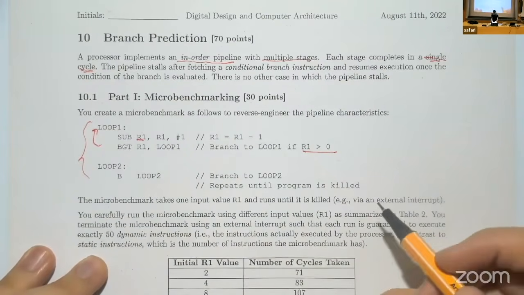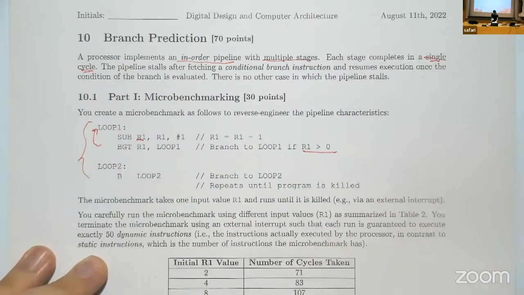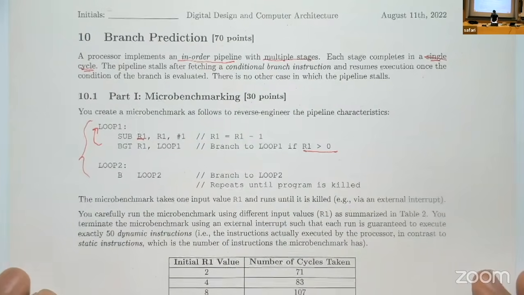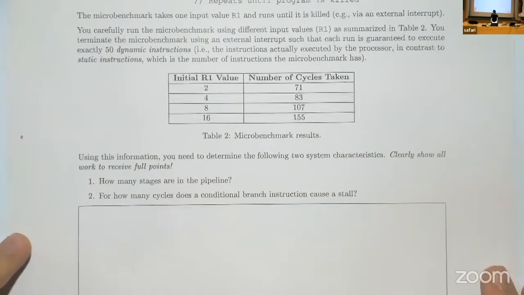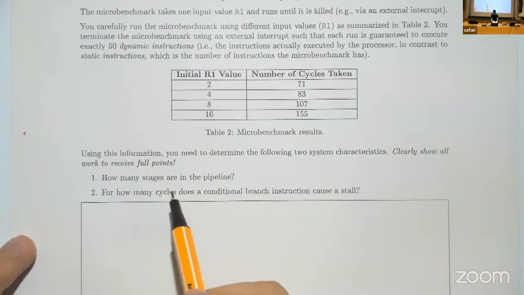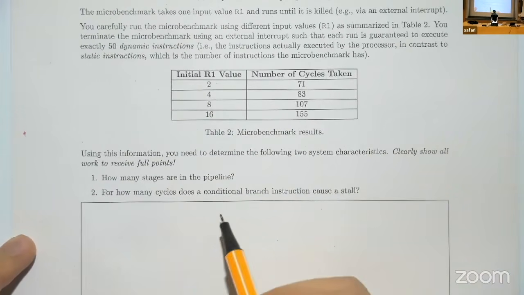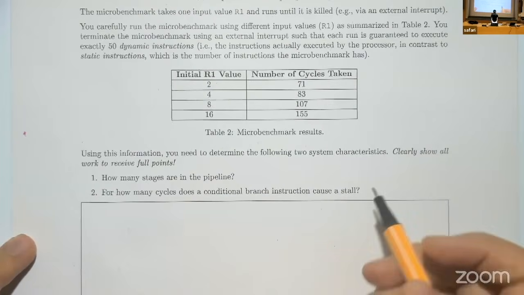The second one is not important because it's not conditional. In here we have a table with results for some R1 values. We know how many cycles they take to complete. The first part of the question asks, first, how many stages are in the pipeline? And second, for how many cycles does a conditional branch instruction cause a stall?